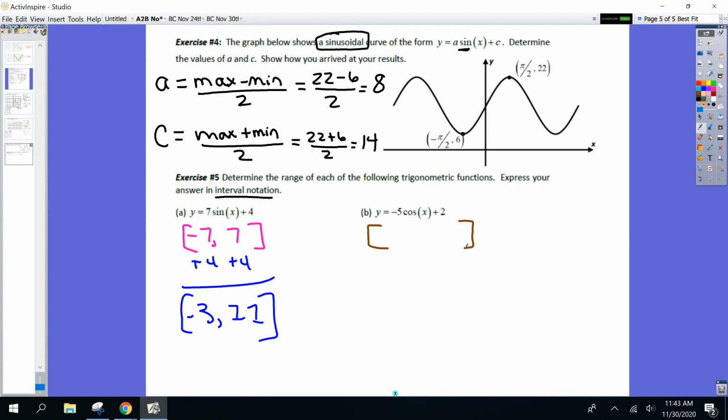You're on -5 cosine x plus 2? Oh yeah, so the original was -5 to 5. And then we decided, hey, why not, let's shift it up 2 units. So what's my new min and max here, Mason? -3 and 7. -3 to 7.